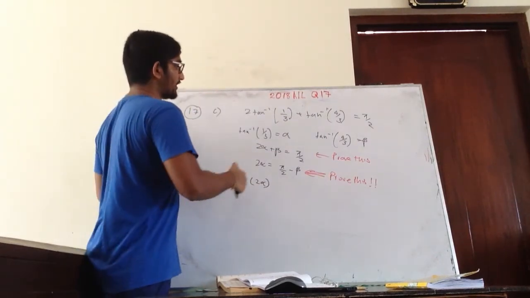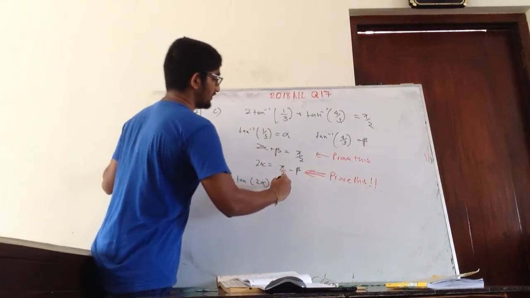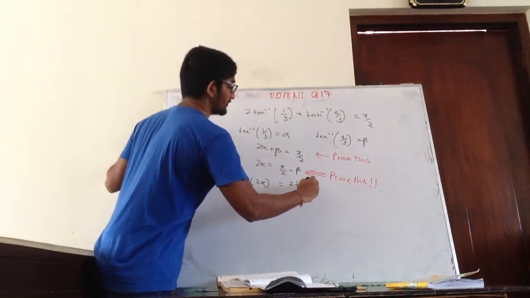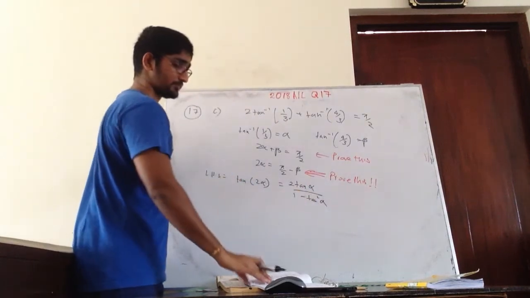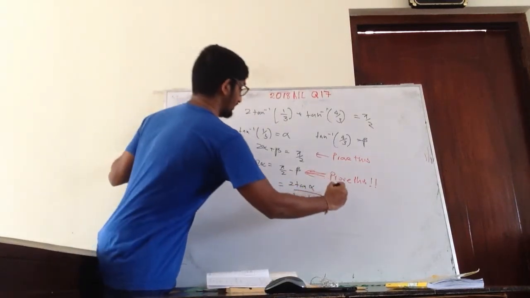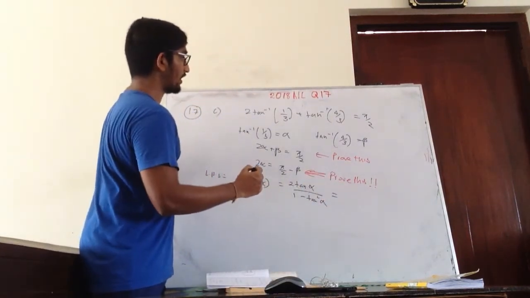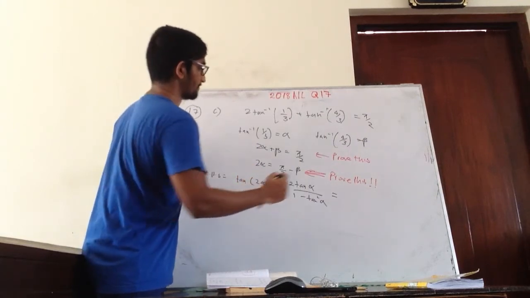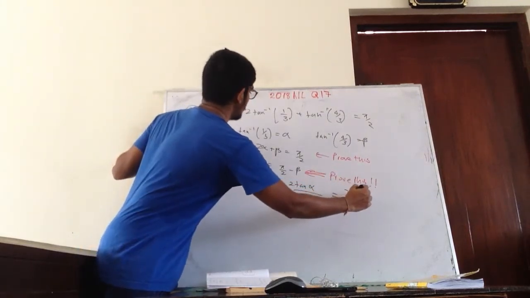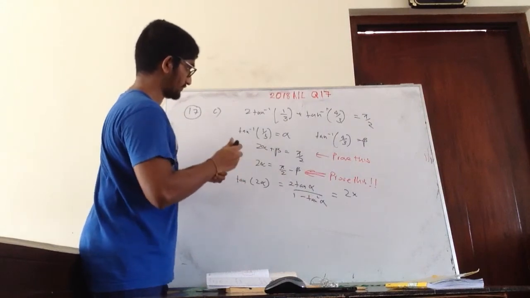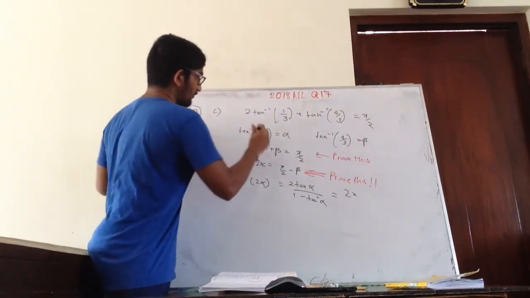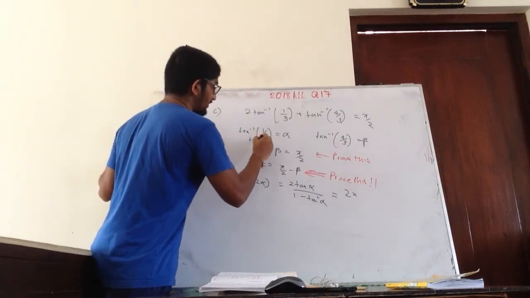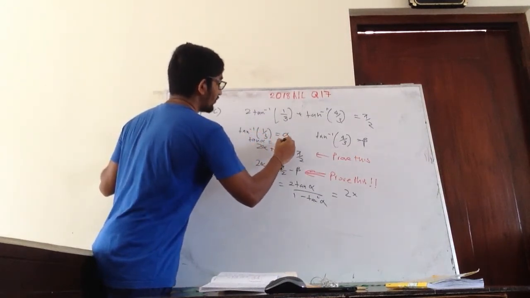If I take tan 2 alpha, that is 2 tan alpha over 1 minus tan squared alpha. Now we can write this as tan alpha equals 1 over 3.